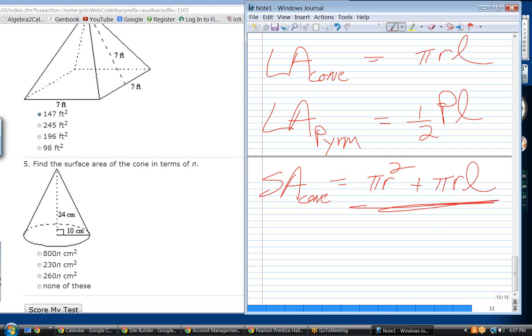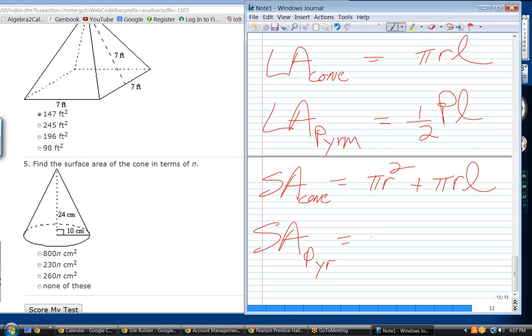This is what I want you to remember. All right. Okay, we can always fill in the numbers, but what you're having a little difficulty with is remembering the formula. So the surface area of a pyramid would be what? Number 4. Oh no, it wouldn't be pi.